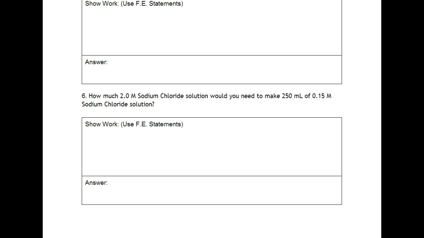The final dilution problem on the quiz, number 6. How much 2 molar sodium chloride solution would you need to make 250 milliliters of 0.15 molar sodium chloride solution? So we're asking how much of this we need to make a final product of that. We have a first solution, and right now all we know about it is the 2 molar.